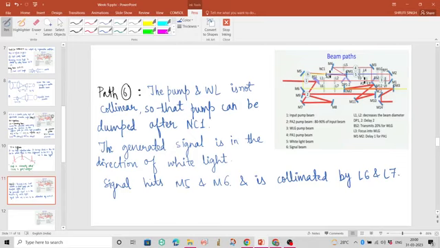DM2 is kind of a short pass filter. It allows the smaller wavelength to travel through, but it reflects the larger wavelength. So here let me write that after L6 and L7, it is passed through DM2, a short pass filter.